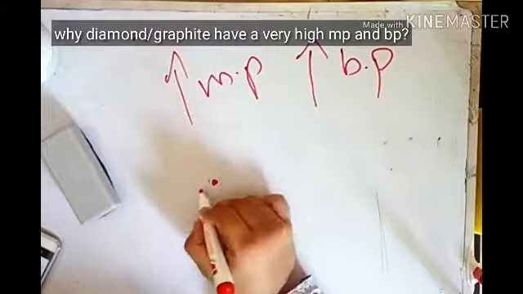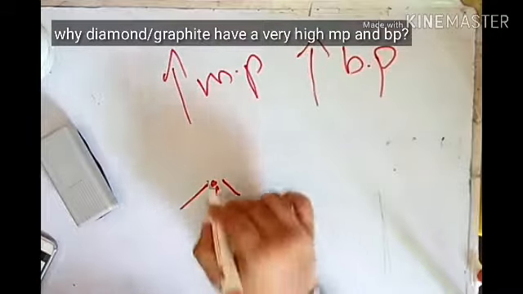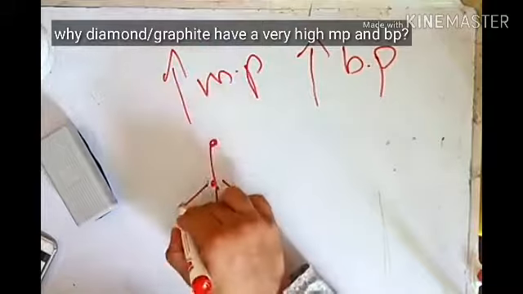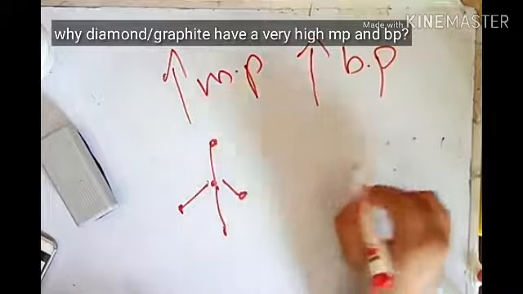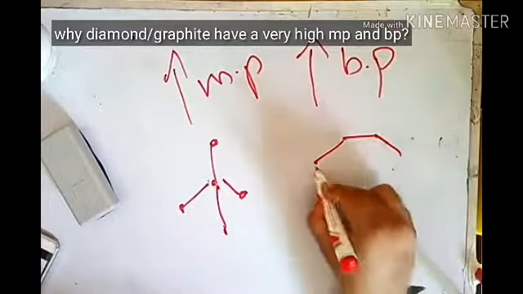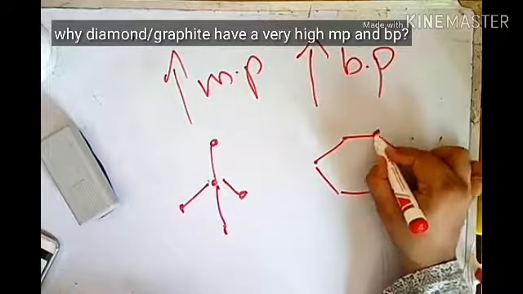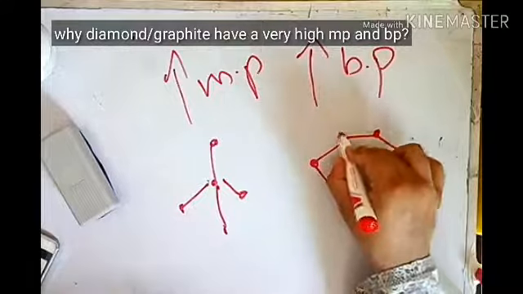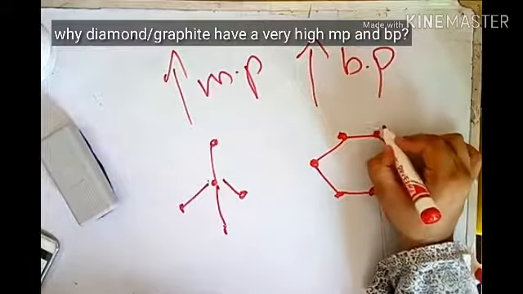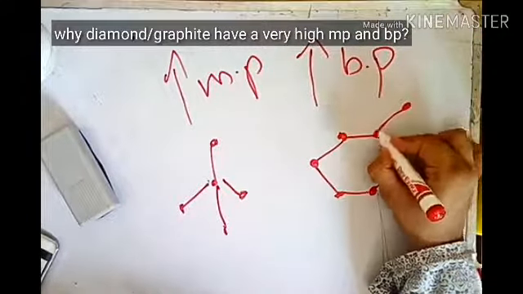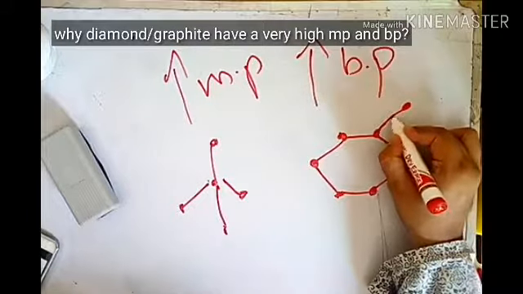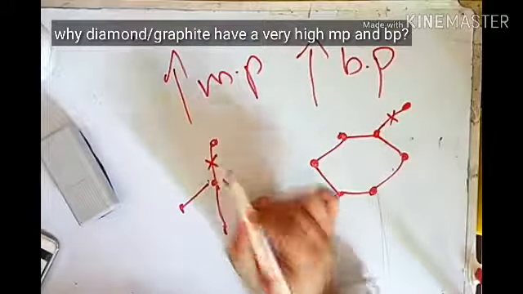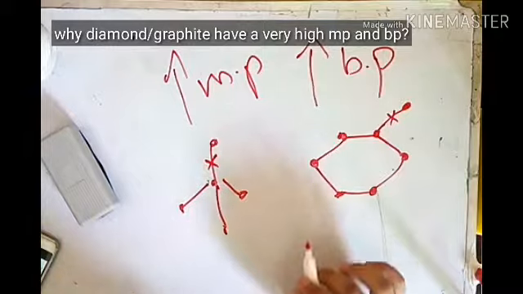Both in diamond and in graphite, the bonds between the carbon atoms are very strong covalent bonds.